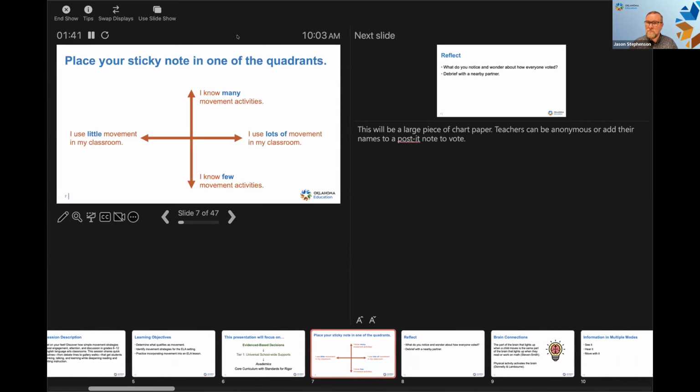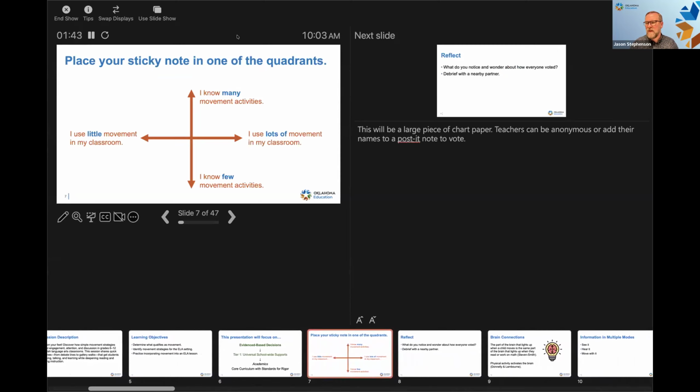Now, if we were in person, it's hard to approximate that on a Zoom call. I'd have you get up and move and take a sticky note and place yourself in one of these four quadrants. So our x-axis on this Cartesian plane on the far left is I use little movement in my classroom. On the far right is I use lots of movement in my classroom. And then the y-axis at the bottom is I know few movement activities.